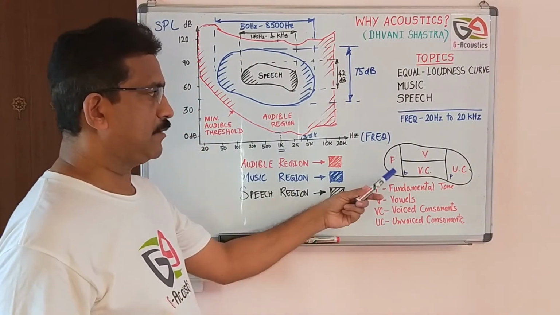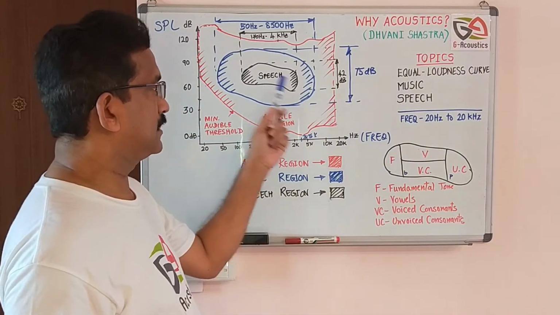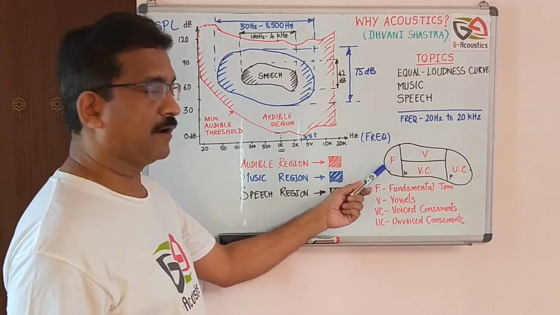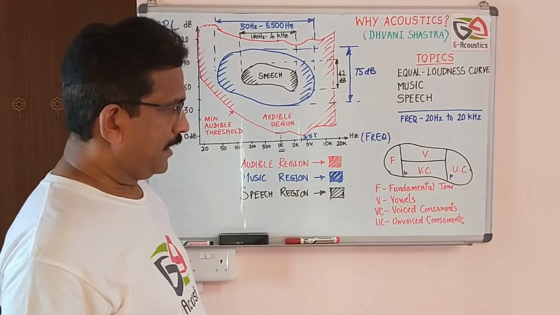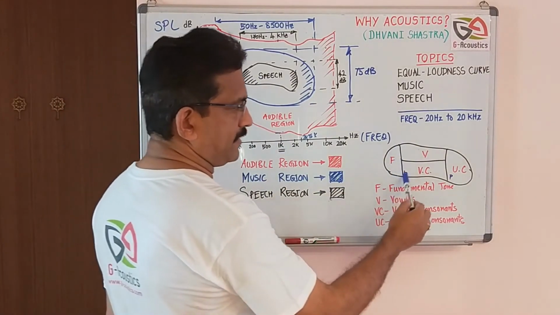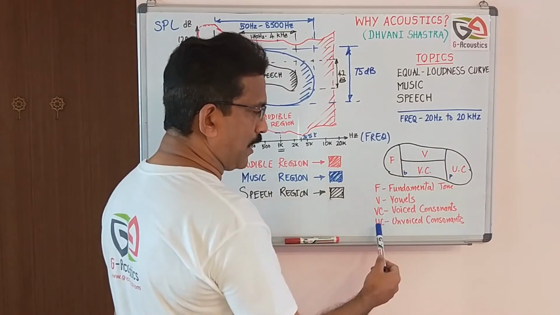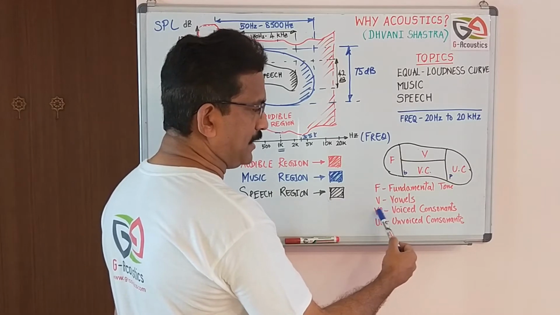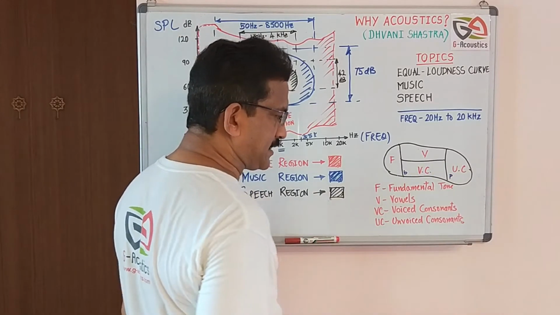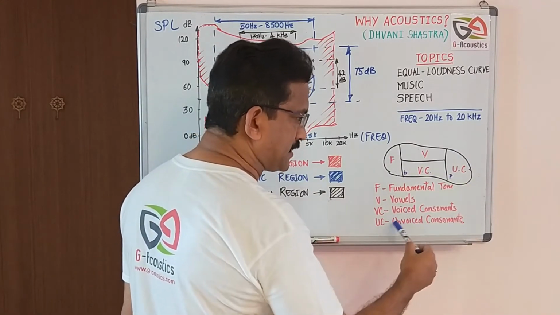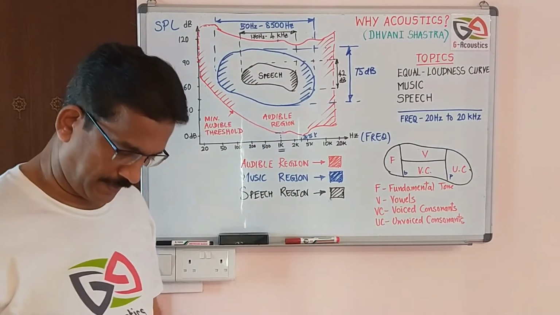Now here you can see one more diagram, which is nothing but the same diagram, I just pulled it out here. Here you can see I've done the markings: the fundamental tone, V is for vowels, VC is the voiced consonants, and this region is the unvoiced consonants.